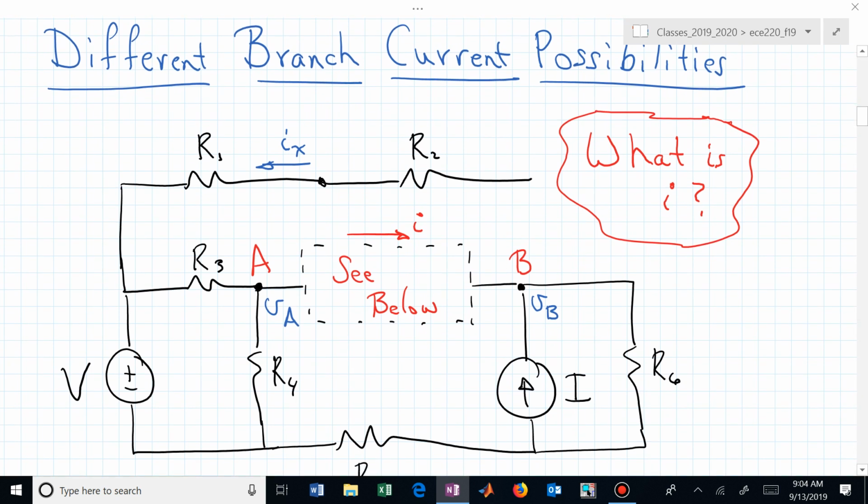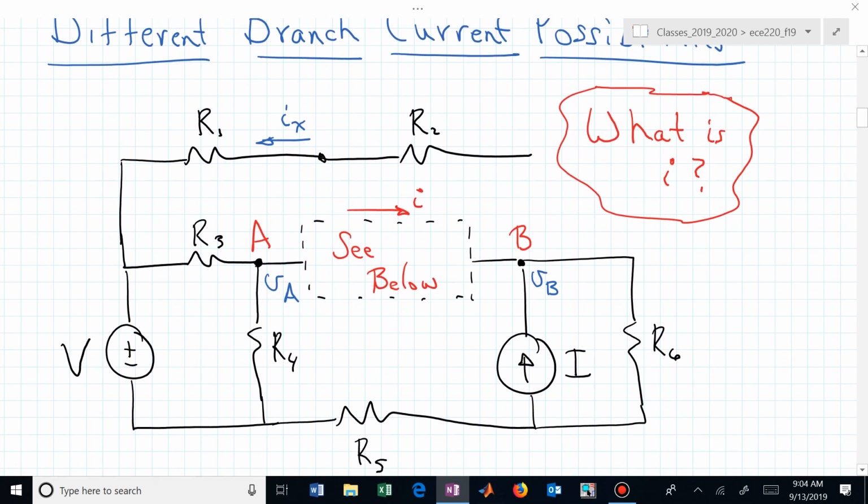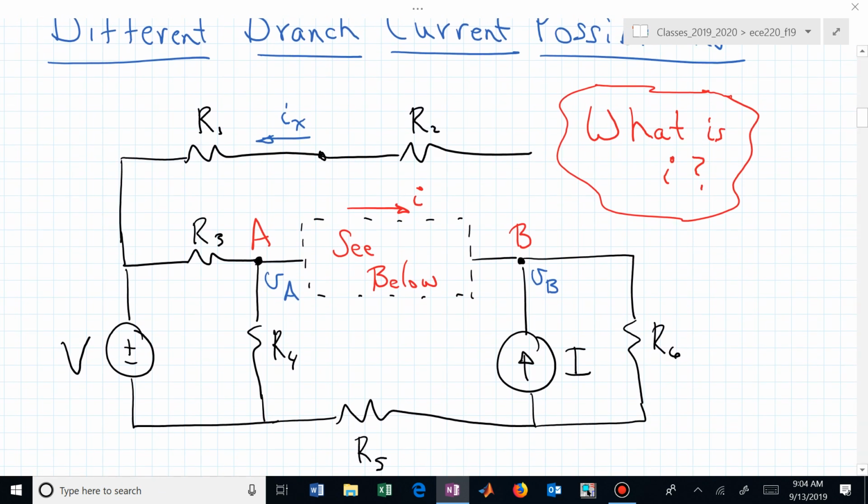Here is the setup for the first part, and that is, how do we find I, this current flowing from node A to node B, in a complicated circuit, but we will now just isolate our attention on what's in this dashed box called C below.